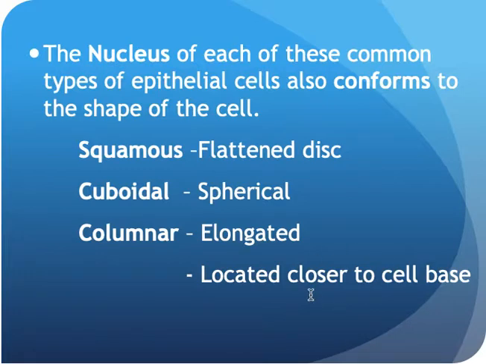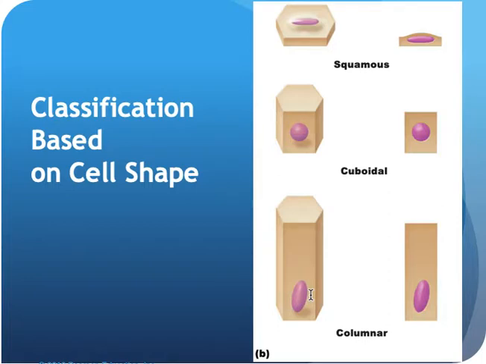We'll see that in a picture in a second too. So this is my classification based on cell shape. I looked at how many layers, and now I'm looking at what that top layer of cells looks like: squamous, cuboidal, and columnar. You can see that the nucleus takes the shape of the type of cell.